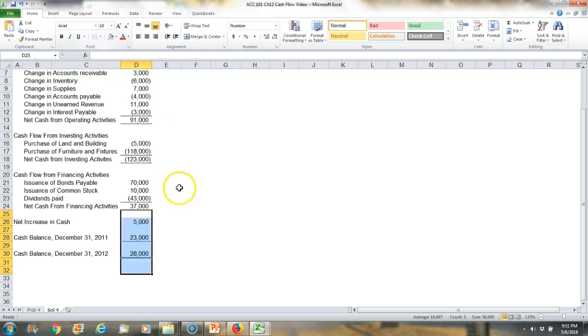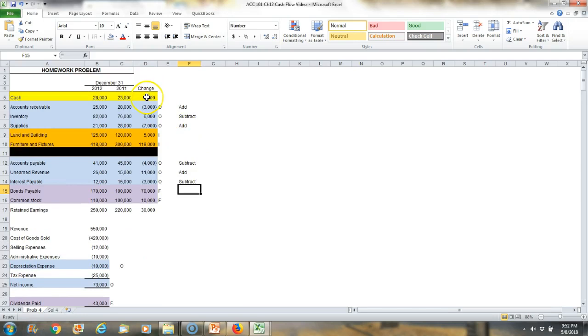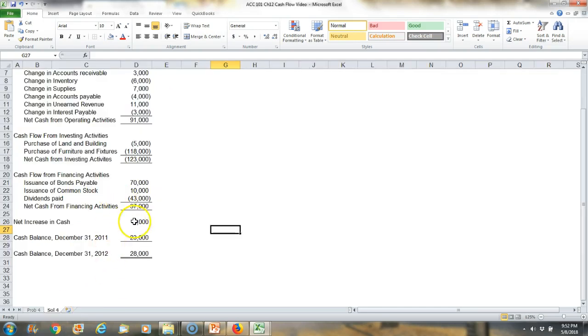I said we already had the answer when we knew our operating, investing, and financing had to come to the change in cash, which was $5,000. If I add these three numbers up, I get to my net increase in cash, which is $5,000. I add that to my beginning cash balance, $5,000 plus $23,000, which is my ending cash balance of $28,000.